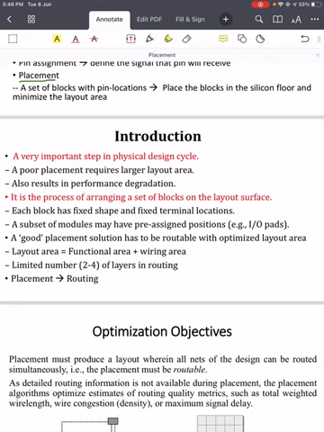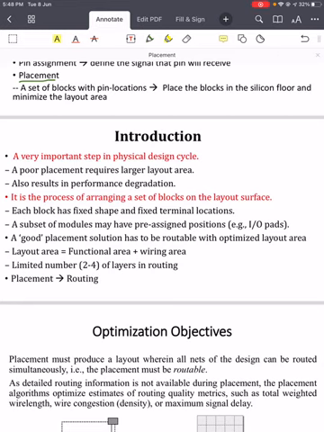So during the step of placement, we determine the total layout area of the chip. We consider both the functional area as well as the interconnection area, meaning the wiring area where the wires can be laid out. Okay. Now when we do placement, we must consider the next step that follows placement, and that is called routing.